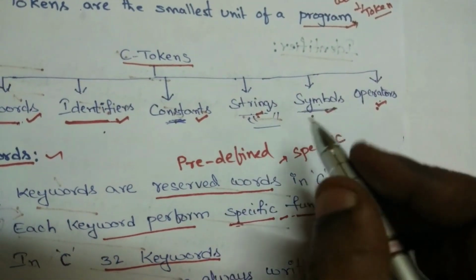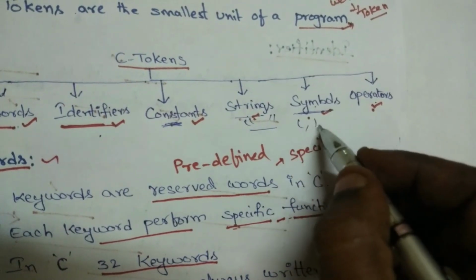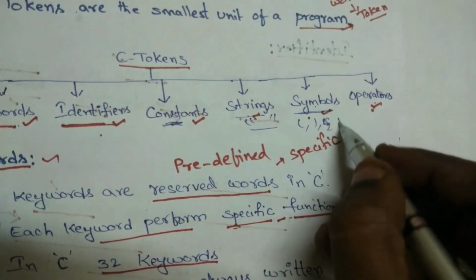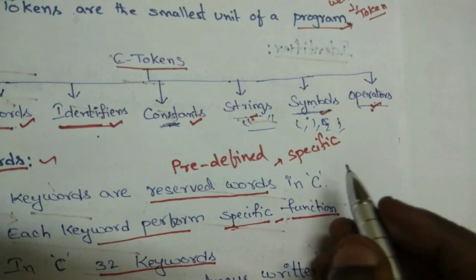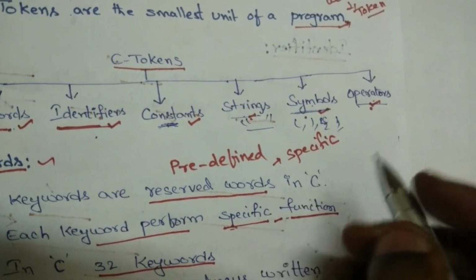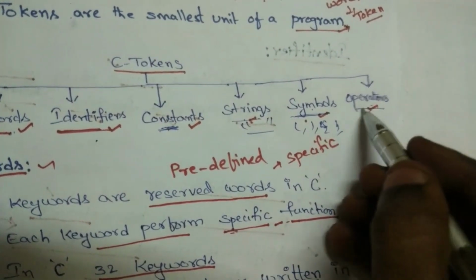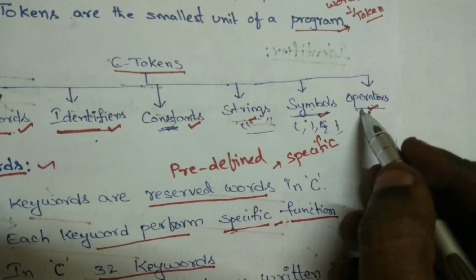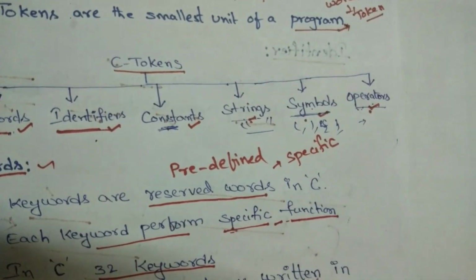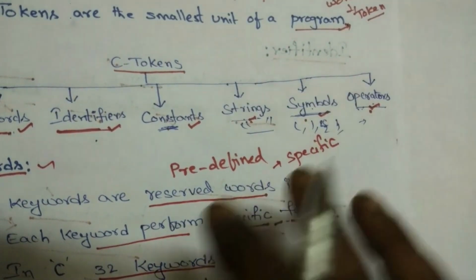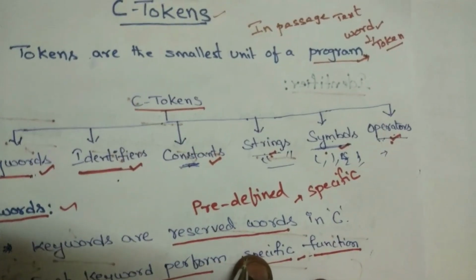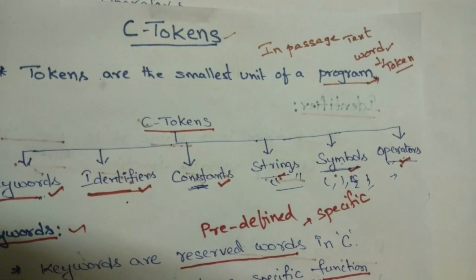Symbols: in C language we have different symbols to write a C program. And operators: an operation between two values, two variables or two operands is called an operator. There are different types of operators to perform some operations. Clear? I hope all of you understood about the C tokens.